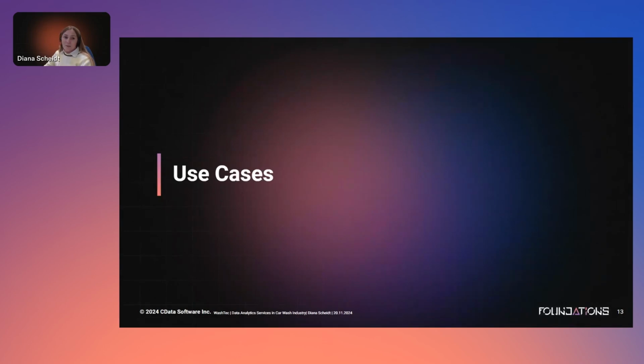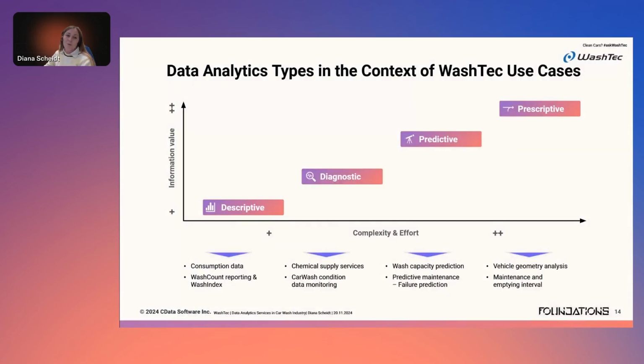So now we have use cases, first use case. Maybe you know this from the Gartner study, we have different types of use cases: descriptive, diagnostic, predictive, prescriptive. For example, typical use cases for descriptive are wash count reporting and wash index, which is interesting for our customer, or consumption data, for water consumption, for example.